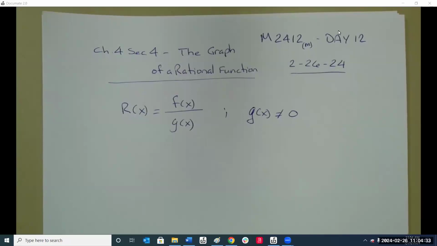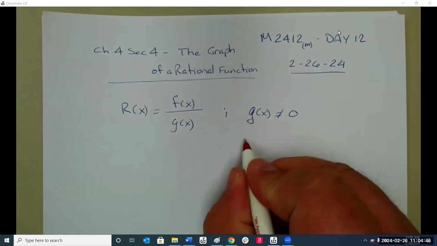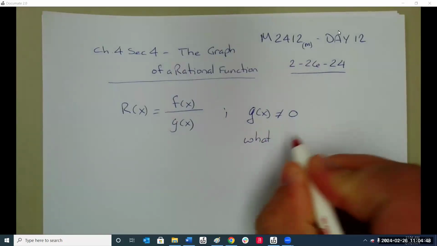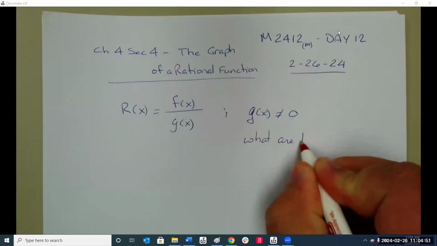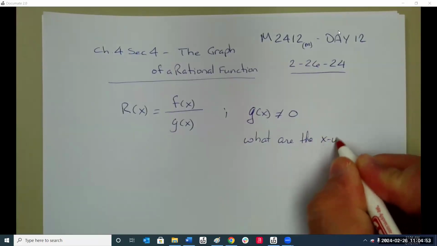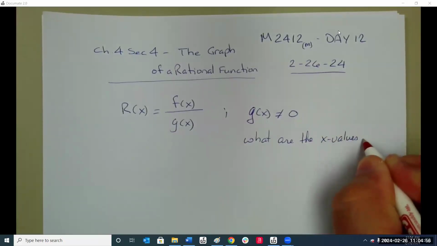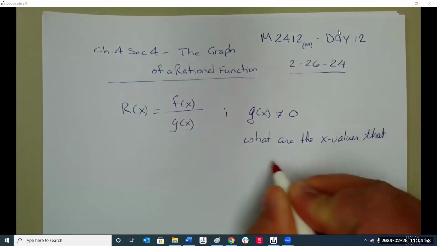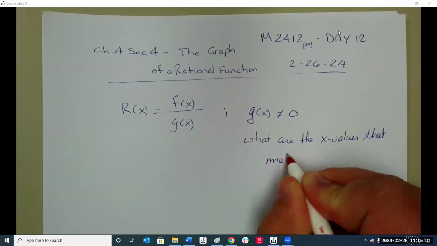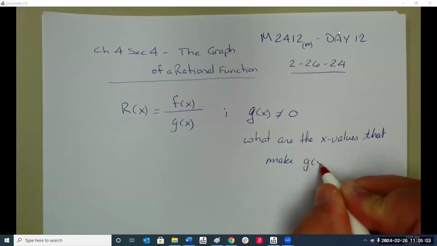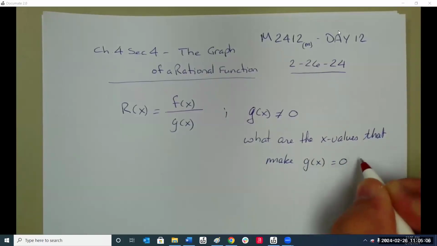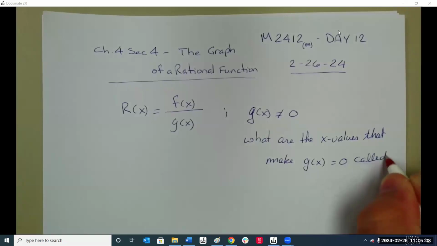Let's go for some bonus points here. What do you call the x values that make the denominator equal 0? What are those called?